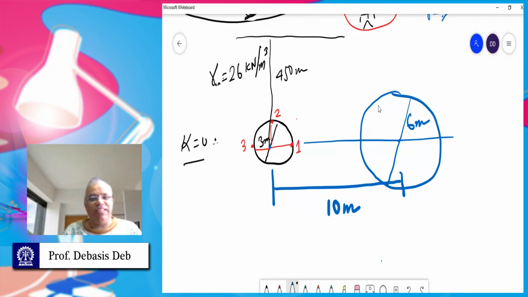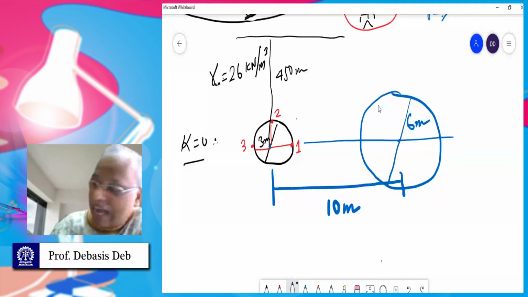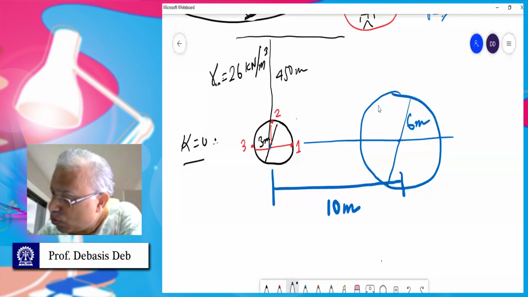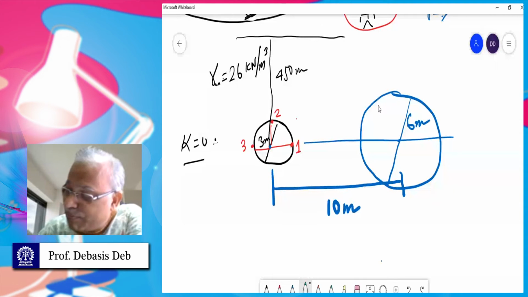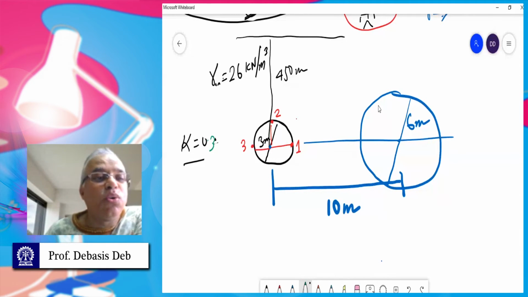The first thing, when you see it is just 10 meters, is to calculate whether the zone of influence is affecting. So I first have to know the zone of influence of this tunnel. Since K is given as 0.3, it is not circular.